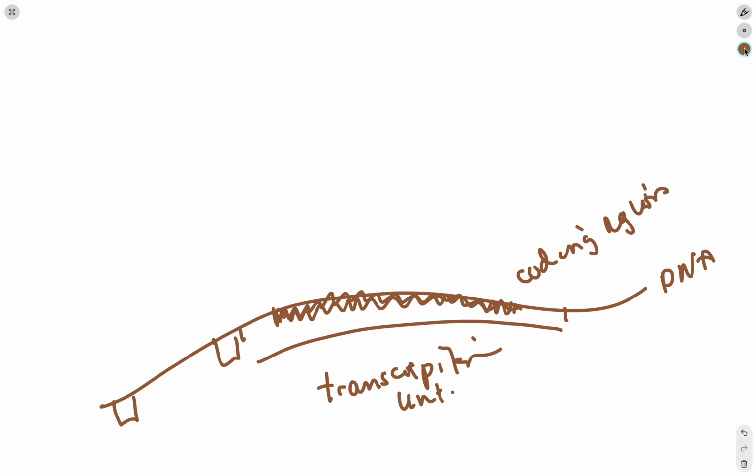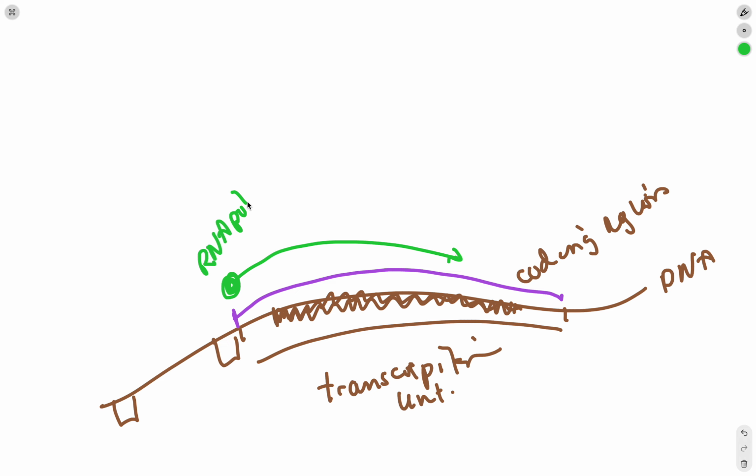Now we haven't talked about this yet in our class, but to start out with, this is what gets transcribed. So RNA polymerase grabs here and moves down the gene transcription unit, copying the DNA into RNA. And this is true, like we always talked about.